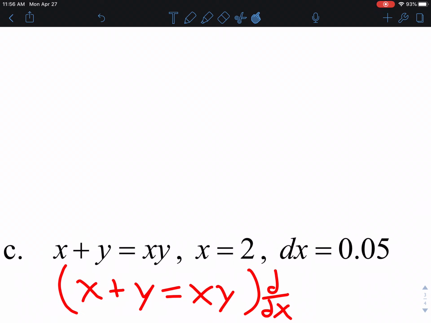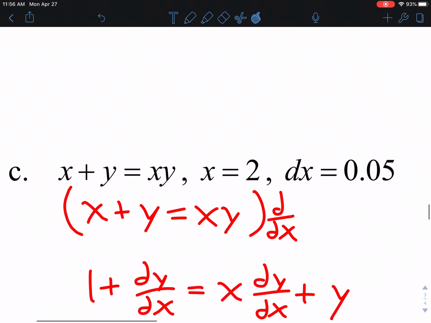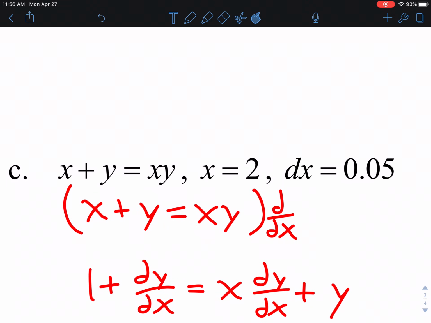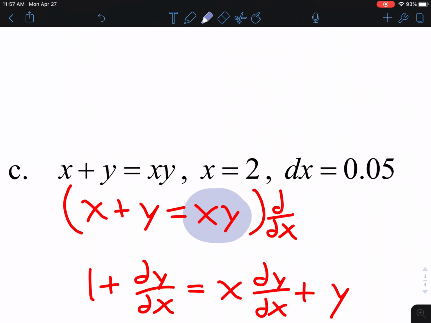But now we have multiple y terms here, right? So this is why I brought up implicit differentiation, because you can absolutely use that here. So derivative of x is 1, derivative of y is dy dx, and on the right-hand side, how would you take the derivative of xy? Well, you would have to use the product rule.